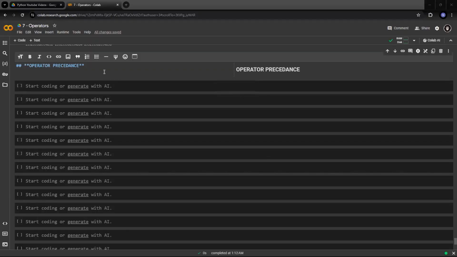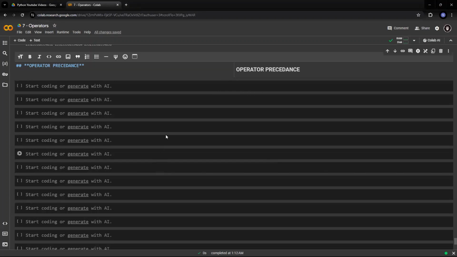So the last thing, guys, we need to understand on the operator part is the operator precedence. Whenever you are evaluating an expression, it may have multiple operators to be evaluated. So the operator precedence defines the order in which operators are evaluated.